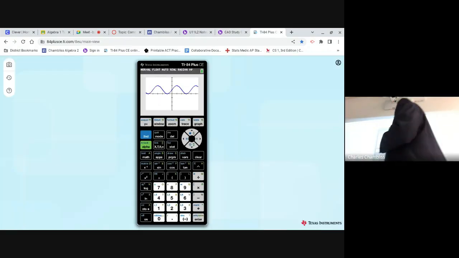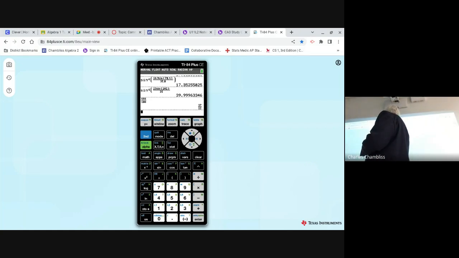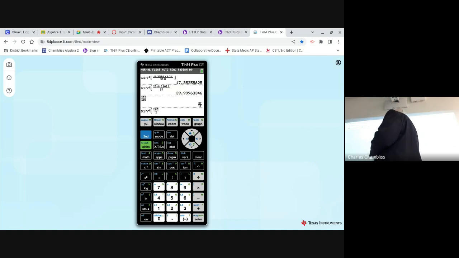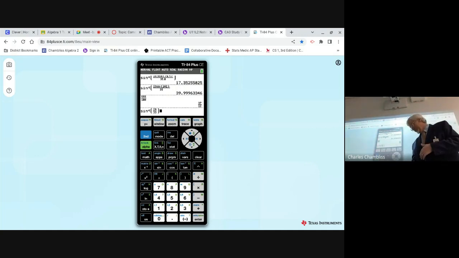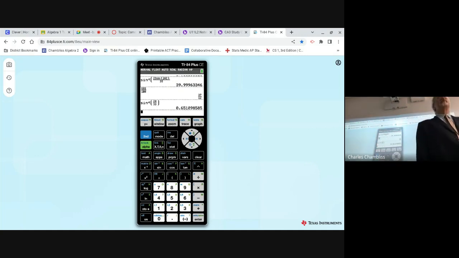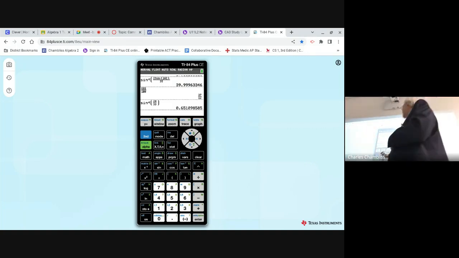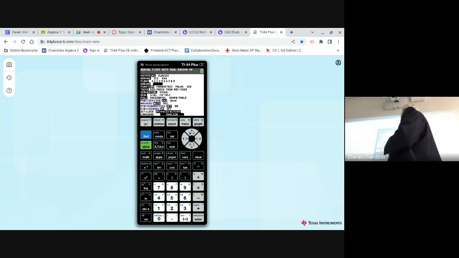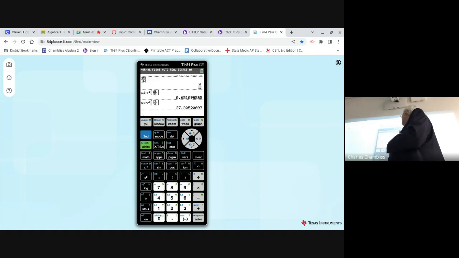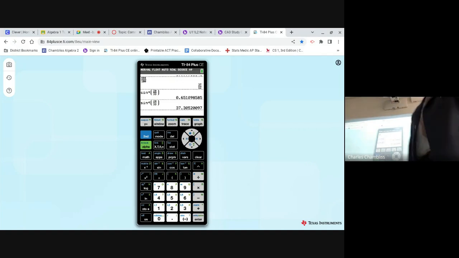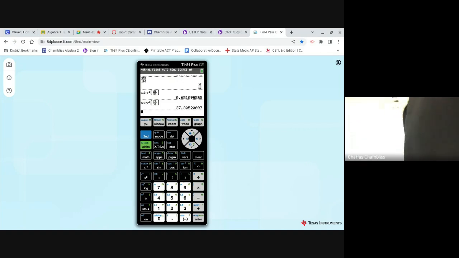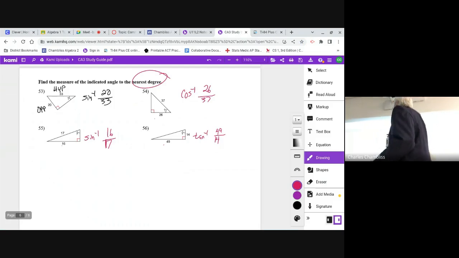Inverse sine 20 over 33. I didn't put it in degree mode, so I'm going to do that real quick. There we go. 37.3 for that one. It says to the nearest degree, so I'm just going to go 37.